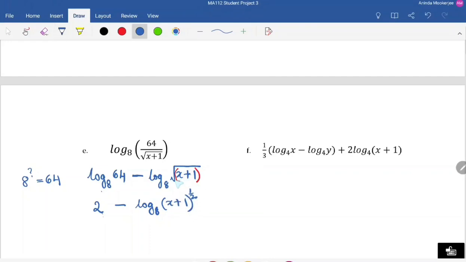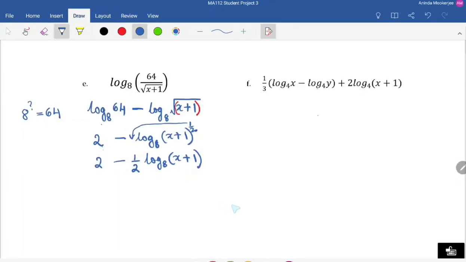What I just did was I rewrote the square root radical in exponent form. And once we got that, the exponent of half, we can apply the power rule and multiply log base 8 of x plus 1 by the 1/2. So we write it as half times log base 8 of x plus 1. Right, and that completes this problem.